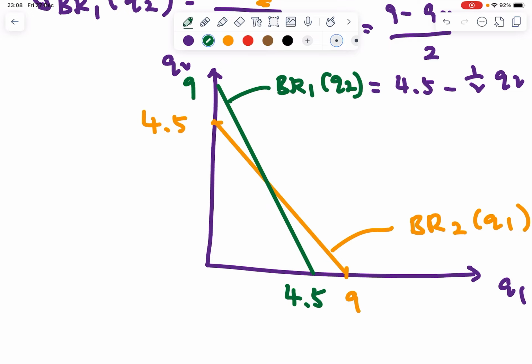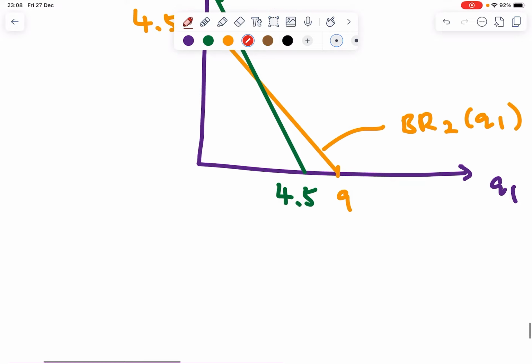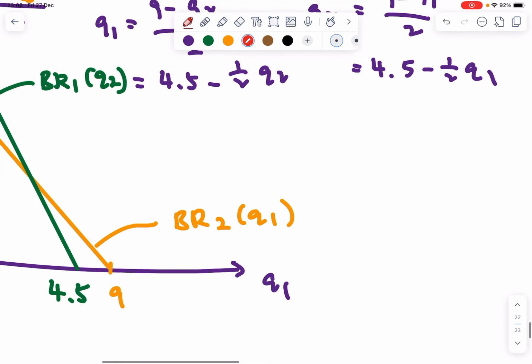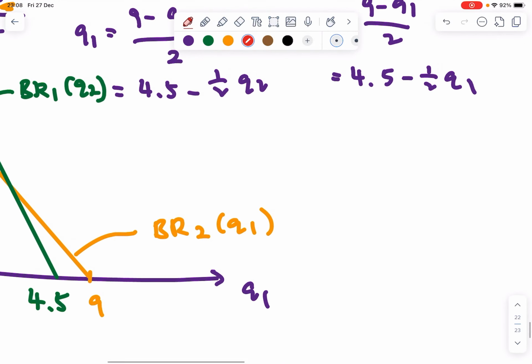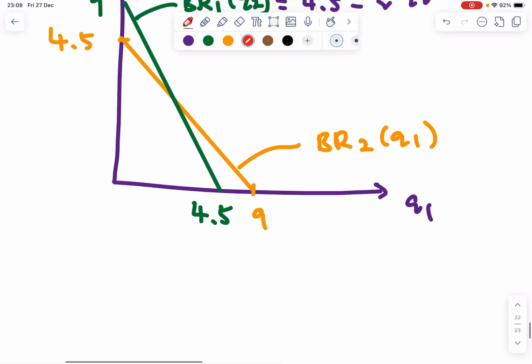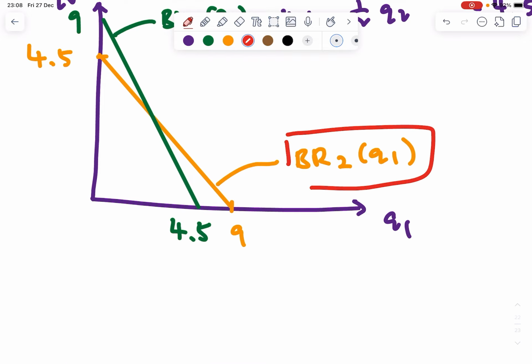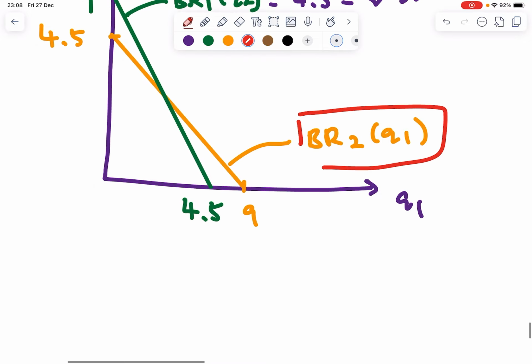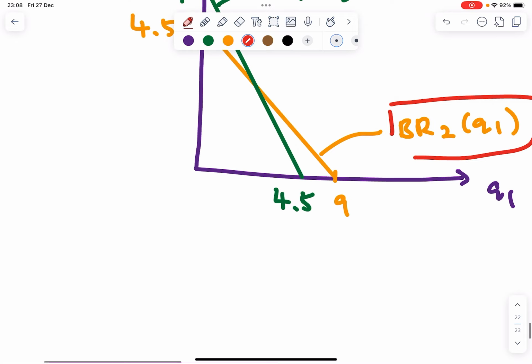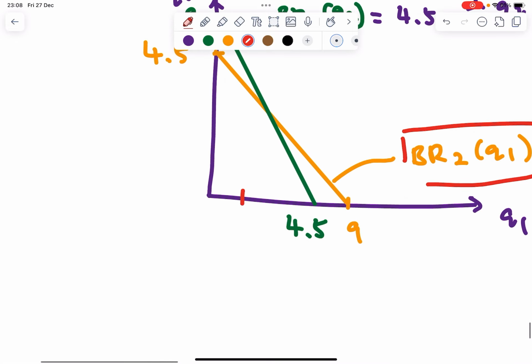So how we interpret this graph, right, is you remember something really important is that firm 1 only chooses Q1 and firm 2 only chooses Q2, right? So let's say we look at the best response function of firm 2. If Q1 is chosen to be this point, then the best response for player 2 would be this point. So let's say this is Q1, then the best response would be Q2 star, right?